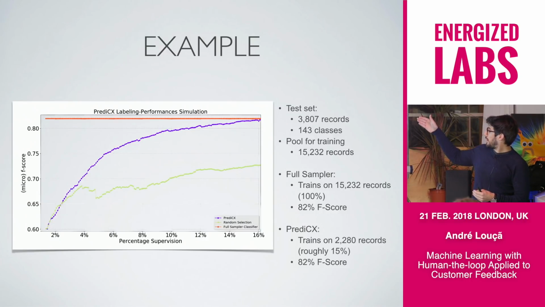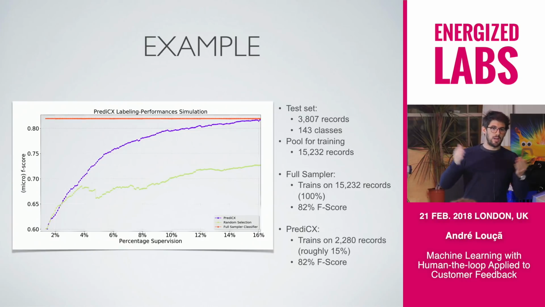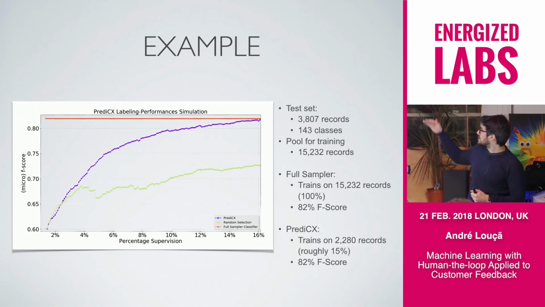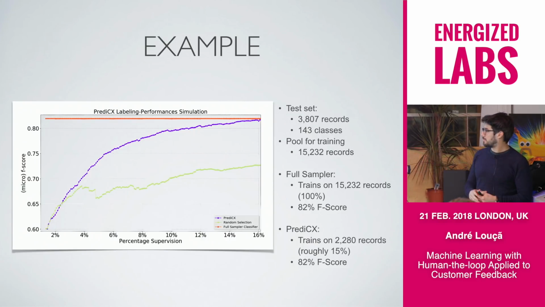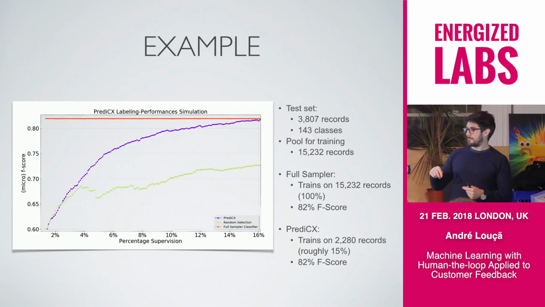It goes between 0 and 1, or 0 and 100%, and the higher the better, basically. So that sets a goal: using the whole data set, we achieve 82%. Now, can we do the same or close, but with less data?